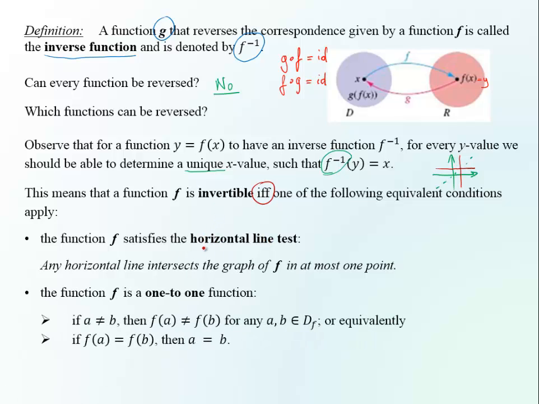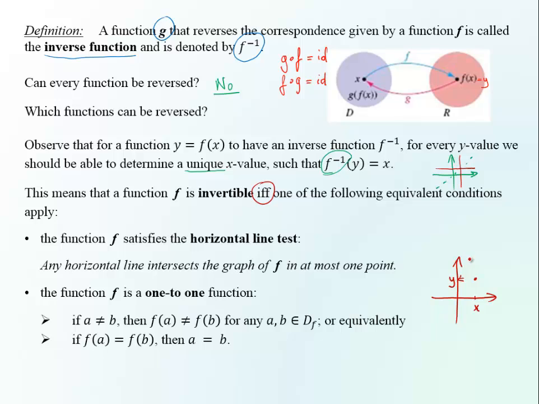This condition is actually equivalent to saying that function f is a one-to-one function. That means that for every x, I have exactly one output y, and also for every y, I have exactly one input x.